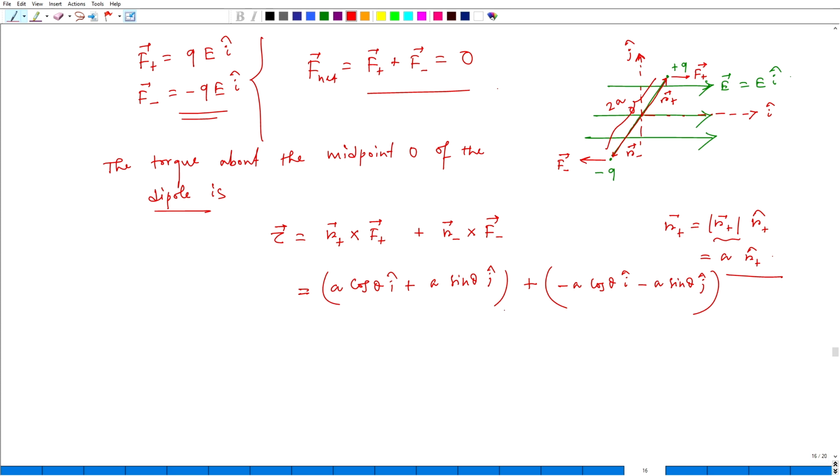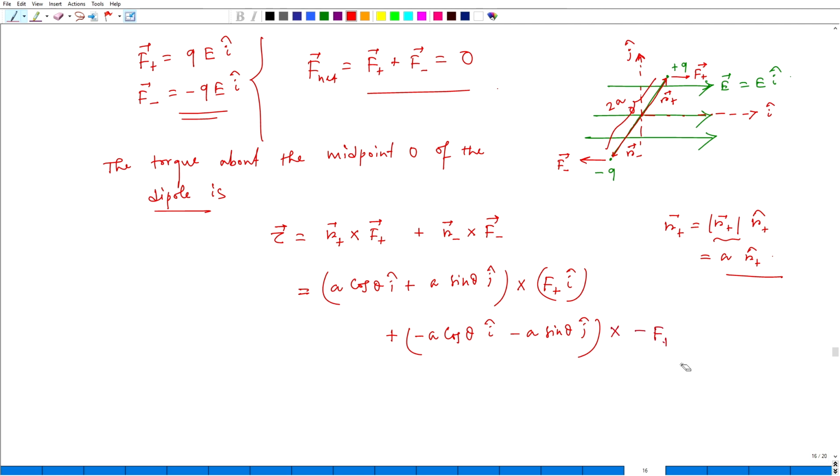So, the cross product of r plus, which is a times cos theta i cap plus sin theta j cap, with F plus, and minus a cos theta i cap minus a sin theta j cap cross minus F minus i cap.